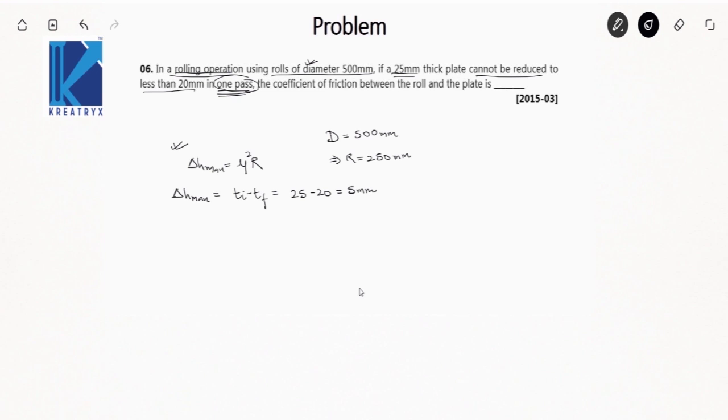Now using this relation, we will get the value of friction, since they have asked the coefficient of friction. So 5 equals mu square into radius, that is 250. Solving, we get mu as 0.1414. So this is the answer.